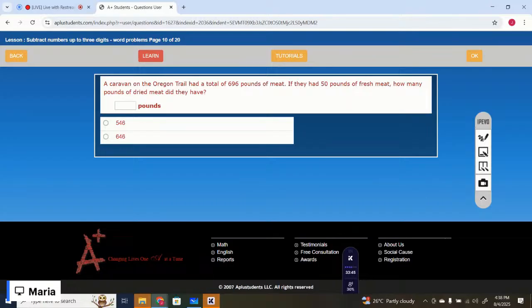A caravan on the Oregon Trail had a total of 696 pounds of meat.